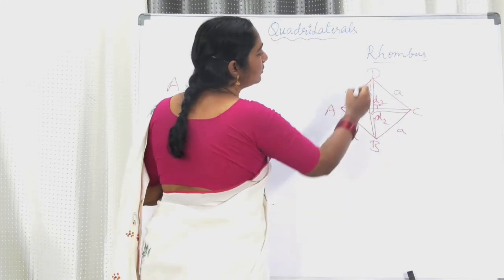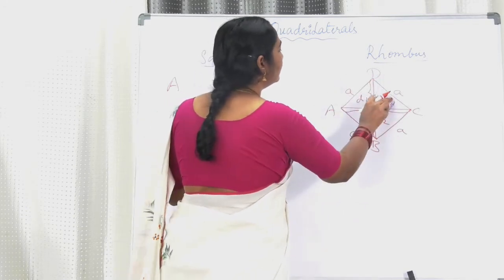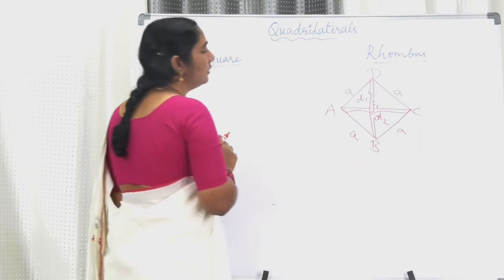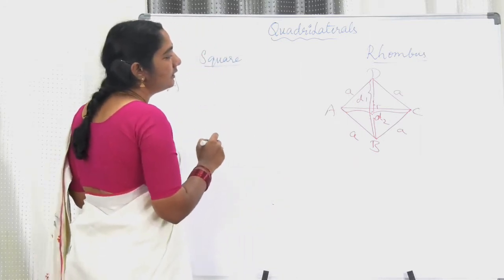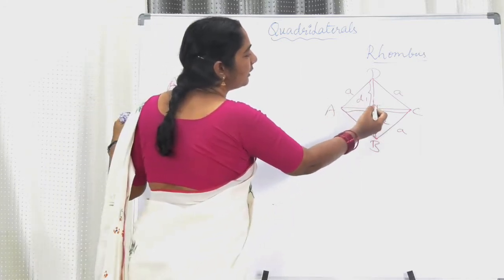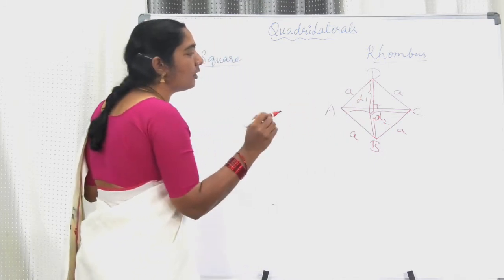I think now you understood. This is the diagonal D1 and this is the diagonal D2. These two are perpendicular to each other. Diagonals are always perpendicular in a rhombus.